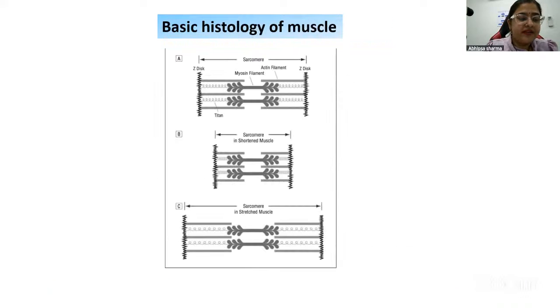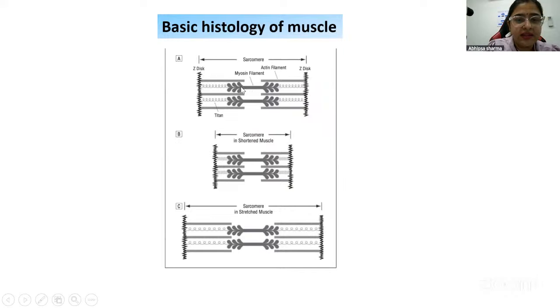Next comes the basic histology of the muscles. The extraocular muscles are again made of the sarcomere, with the Z line. This Z line indicates the end of the sarcomere, and it is made up of actin filaments and myosin filaments.